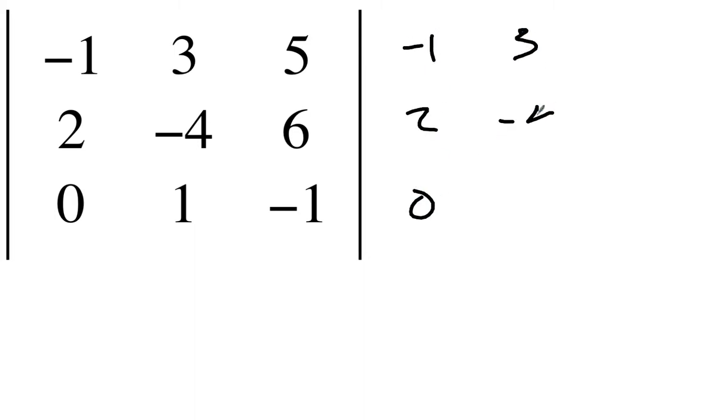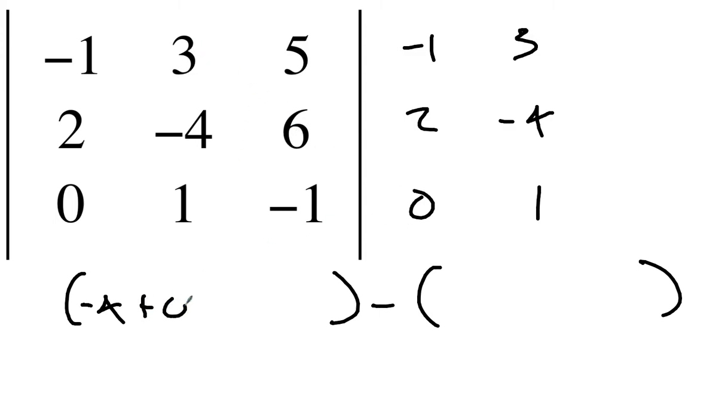A faster way of writing it is to do -1 times -4 times -1 is a -4, and then 3 times 6 times 0 is 0, and then 5 times 2 times 1 is 10. So you add those three up, and then you subtract the other three. 5 times -4 times 0 is 0, and you add them together also, going in the other direction. 1 times 6 times -1 is -6, and then you add that to -1 times 2 times 3 is -6.